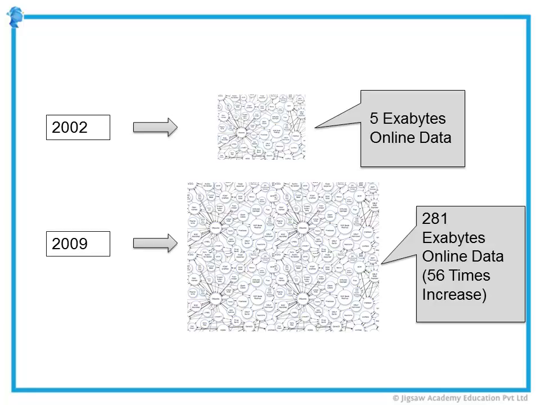Each exabyte is a massive 1 million terabytes of data. By 2009 the number had risen to 281 exabytes, a 56 times increase, and this number has multiplied exponentially post 2009. This data is created in the form of posts, pictures, videos and weather information.